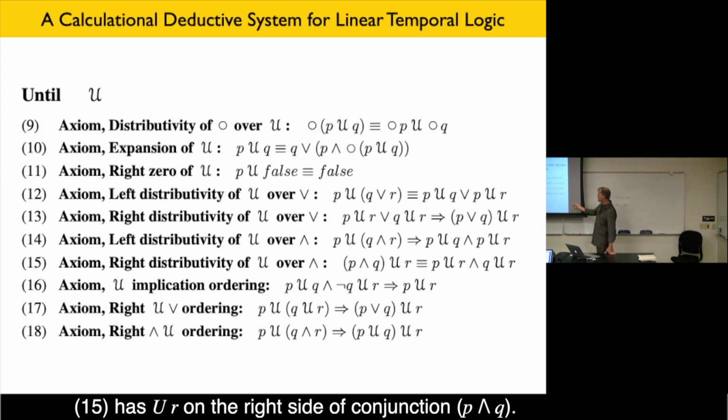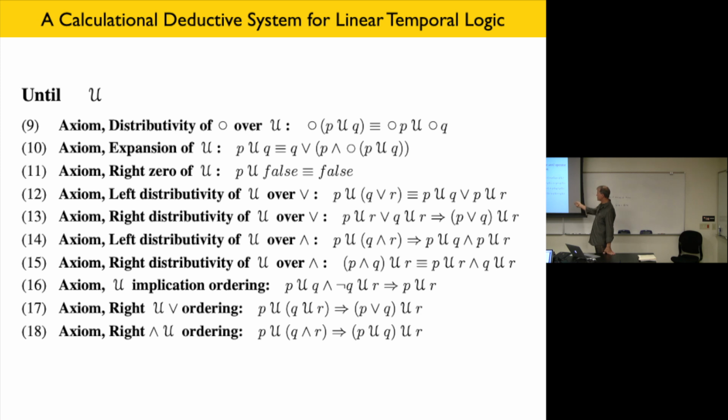This conjunction in parentheses is on the left side of until. Are you with me on that? So this is left distributivity and that's right distributivity. Those are the 4 possible places for those to occur, and we have to specify those in the axioms to fully define the behavior of until.